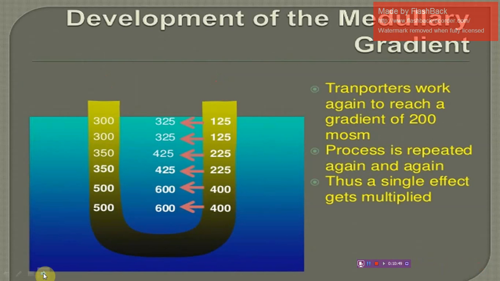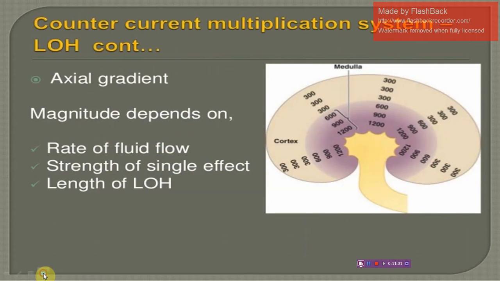Transporters work again to reach a gradient of 200 milliosmol. The process is repeated again and again, thus a single effect gets multiplied. The magnitude depends on rate of fluid flow, strength of single effect, and length of loop of Henle.